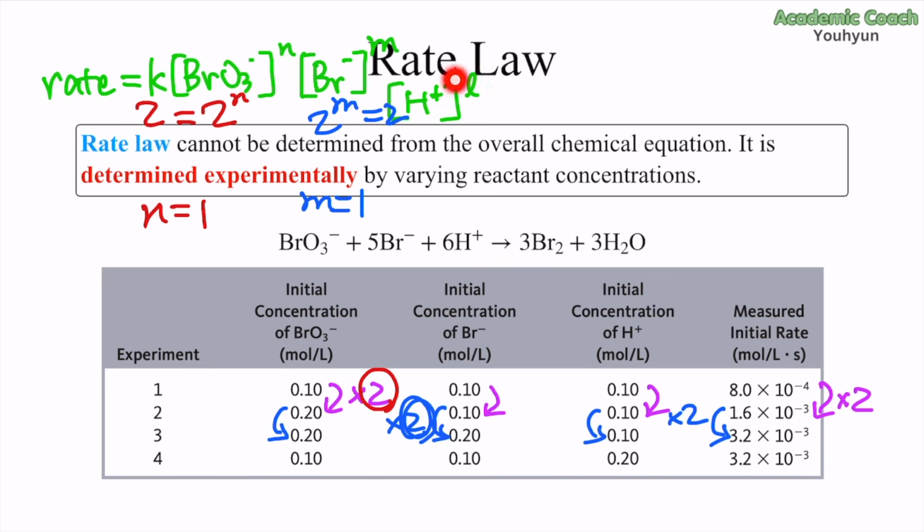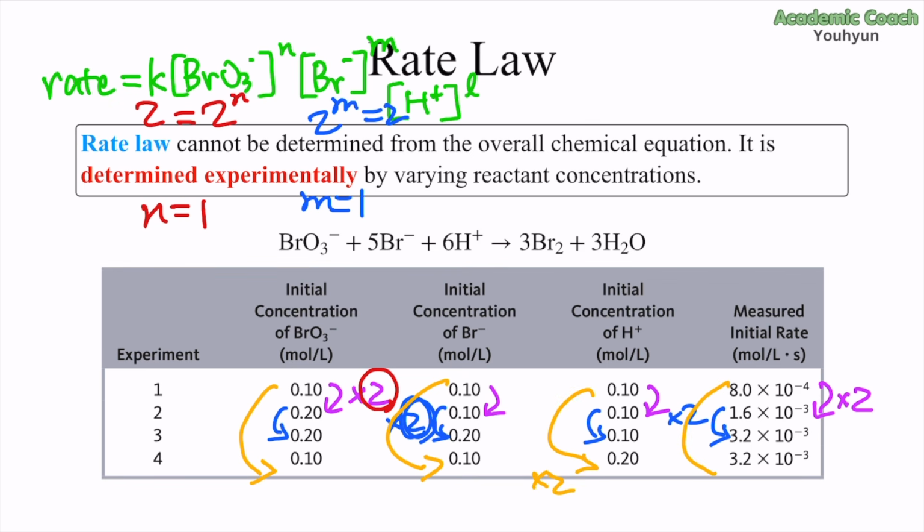And the last one would be L, which is for protons. And this time, I need to make sure that bromide and bromate concentration remain the same. So I'm going to pick experiment 1 and 4. For 1 and 4, bromate remains the same, bromide remains the same, and the initial concentration of protons doubles.